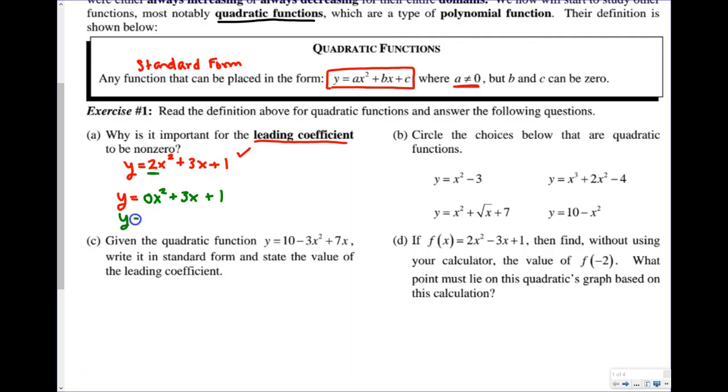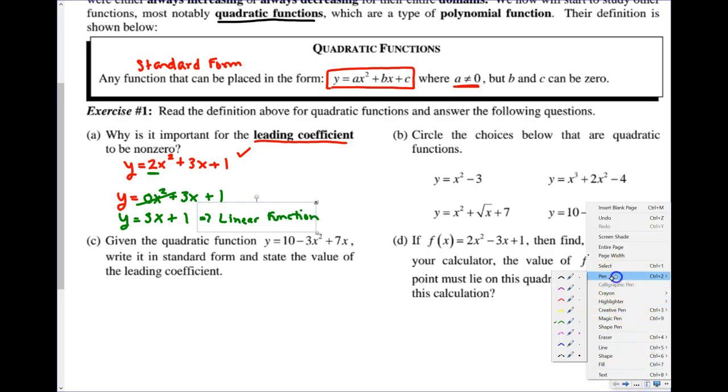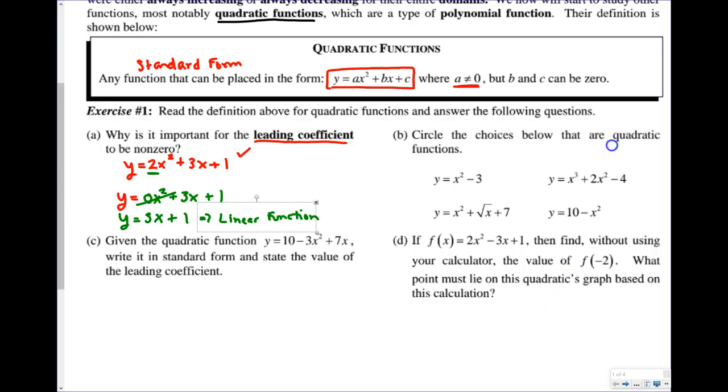Well, what does that simplify to? 0 times anything cancels out to 0, so I end up just having 3x plus 1, and this is actually a linear function. That is why the leading coefficient can't be 0, because it will turn it into a linear function. So a always has to be a number bigger than 0 or less than 0, it just can't be 0.